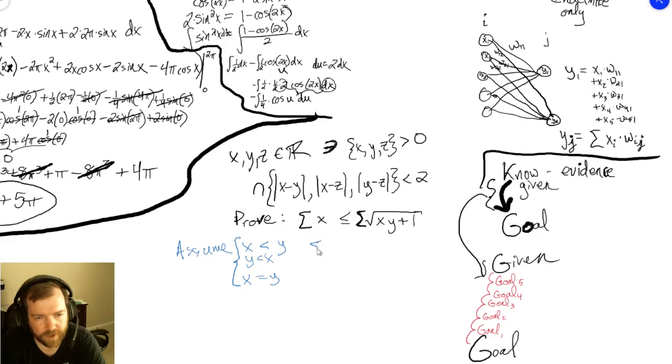And yeah, if we have the sum of x equal to the sum of the square root of, let's just go with equality first. So this is going to be like x squared plus 1. That's fine, you're fine.